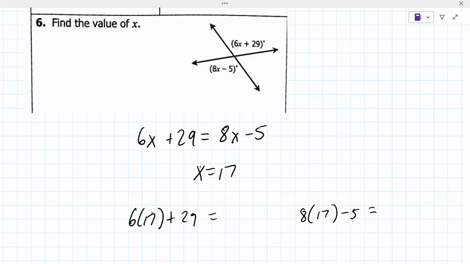Both 131. Now, sometimes they ask you to solve for x. Sometimes they want the angle measure. You have to be able to do both.